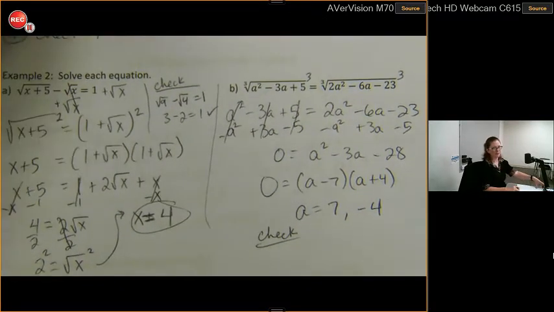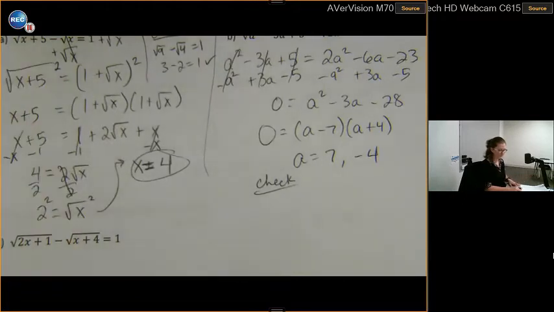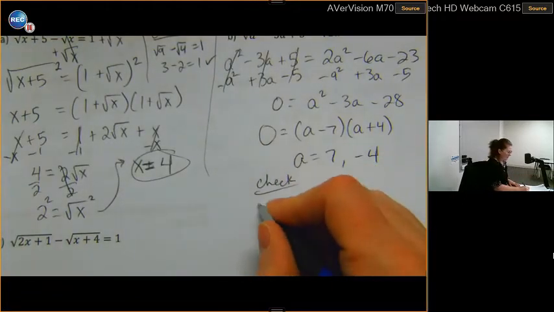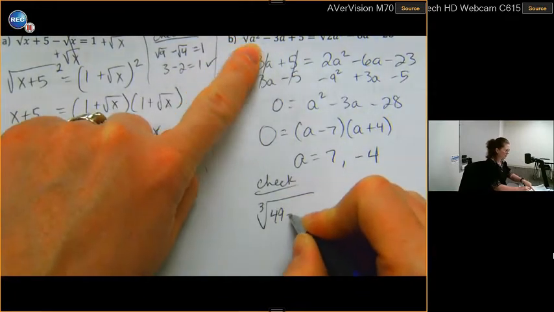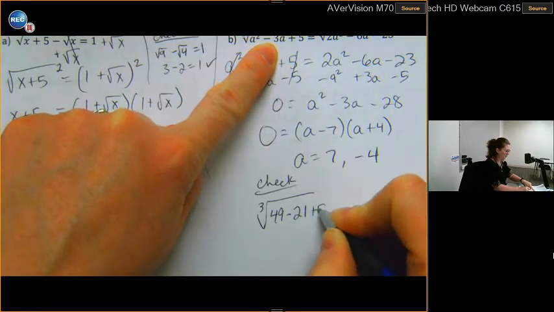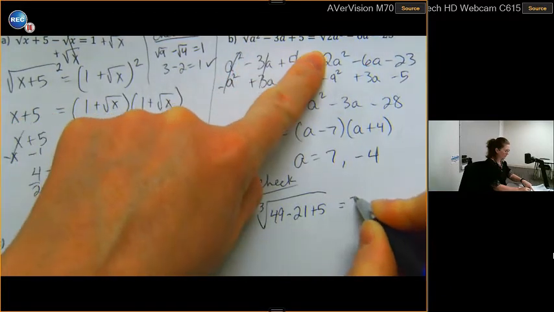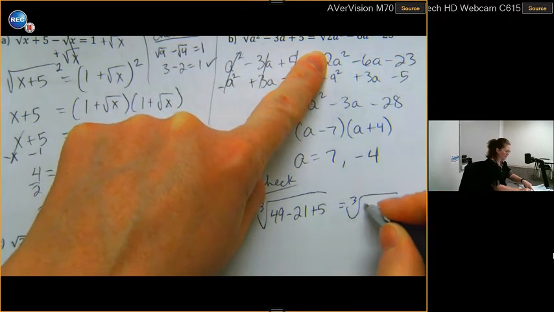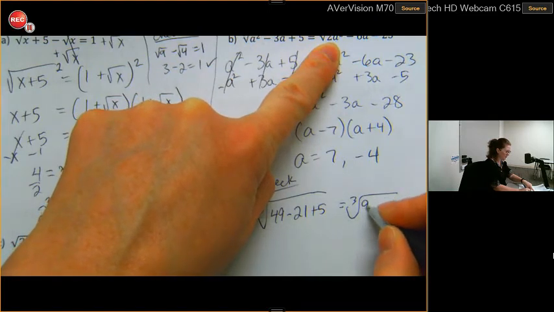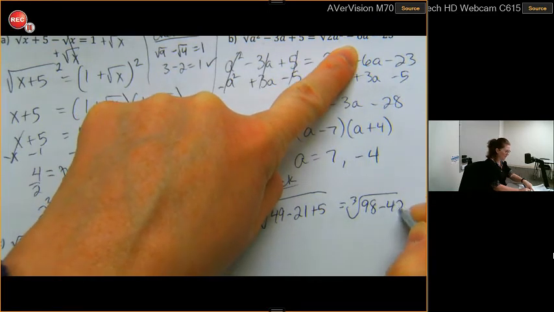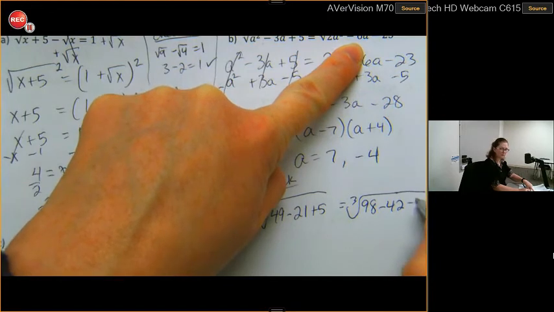Checking both of my answers. Substituting in 7, squared, that's 49, minus 21. Still substituting in the 7, 2 times 49 is going to be 98, and putting in the 7, 7 times 6 is 42.